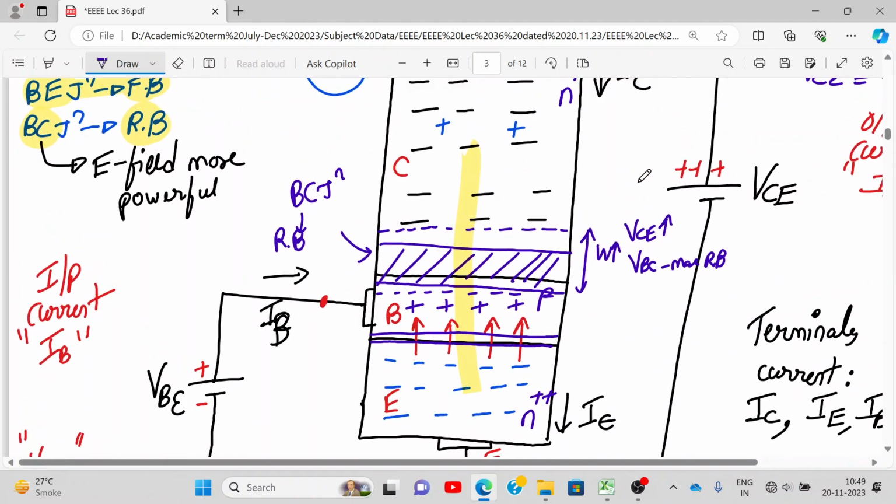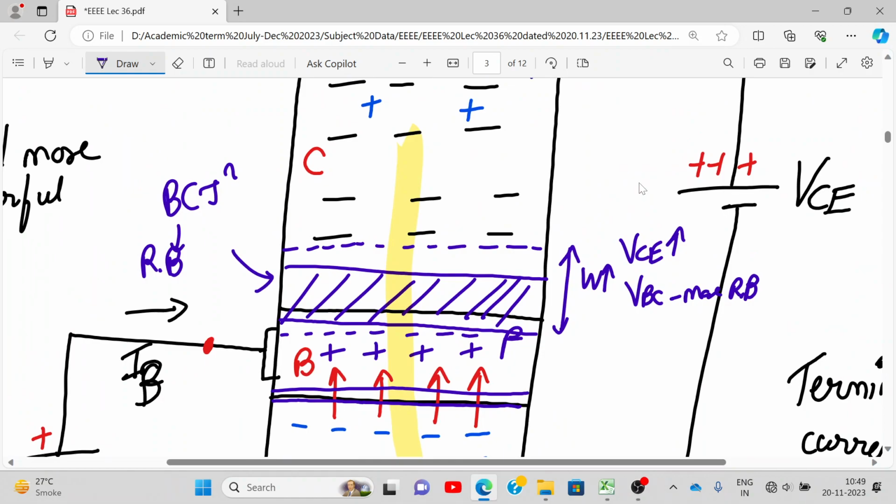Okay. Also, one more analogy. I have already given you this fact, right? 95% of electrons in the emitter are flowing into the collector. I told you this, right? Out of 10 lakh, 9 lakh 50,000 are going into the collector.